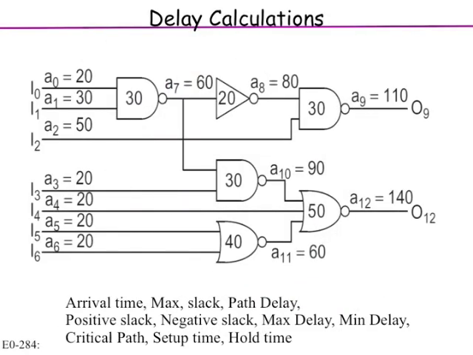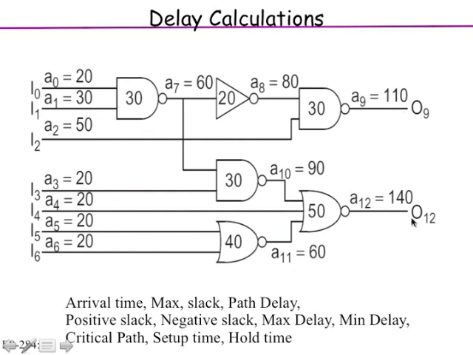So if we take a sample piece of a digital circuit, imagine that you have flip-flops out here, one flip-flop for every input. Those flip-flops give the data to this logic block.